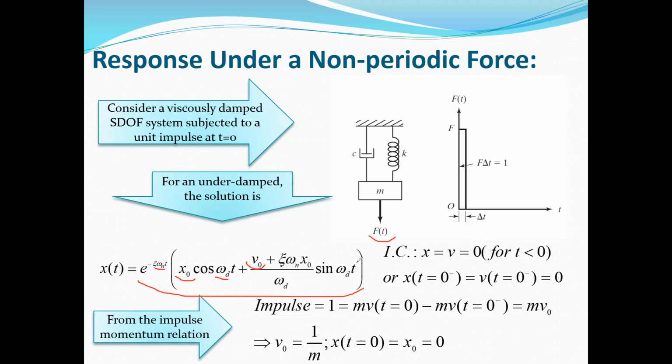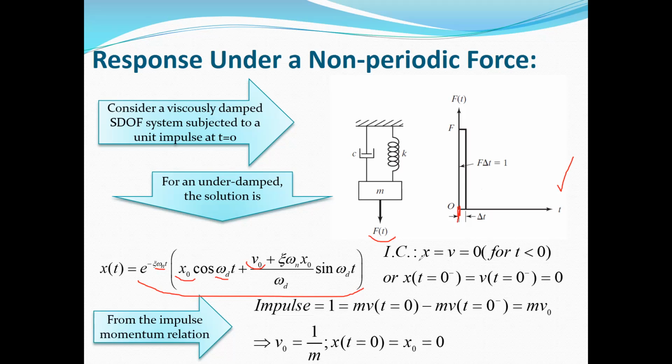Now we can obtain the response, and the initial conditions and constant coefficients x naught and v naught, using this diagram. Here you can see that before the impulse is inserted into the system, the velocity is 0 and also the displacement is 0.